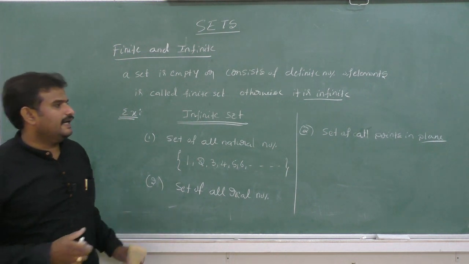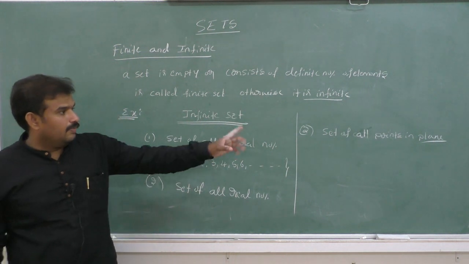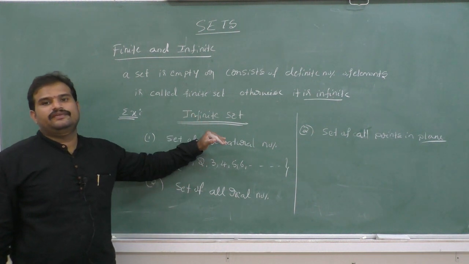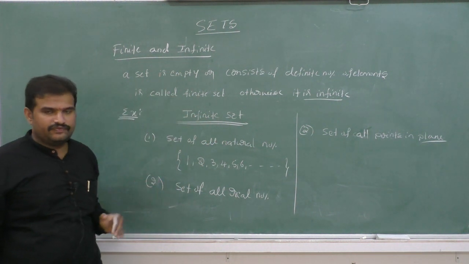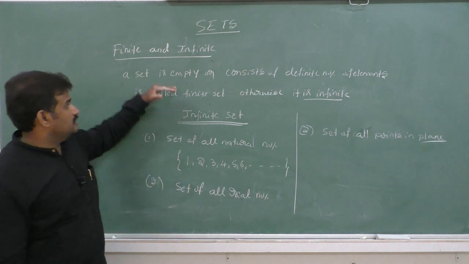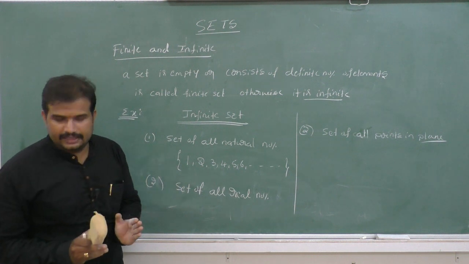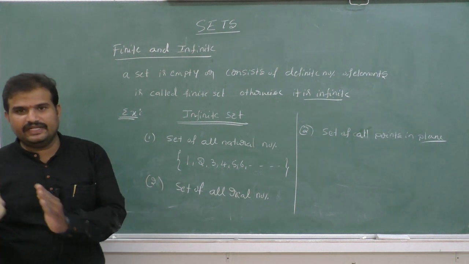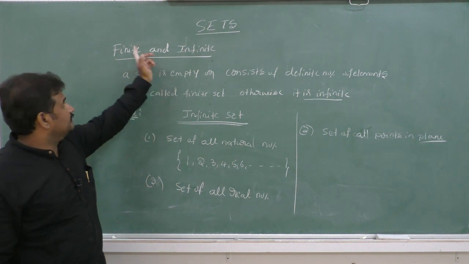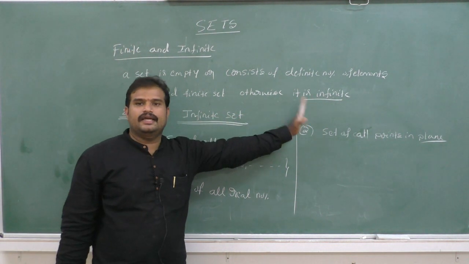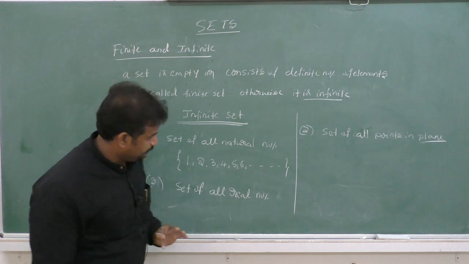It is also infinite. These are the examples of your infinite set. This is the difference between finite and infinite set. What is actually a finite set? A set is either empty or has some definite number of elements, such a set is called a finite set. Otherwise it is an infinite set.